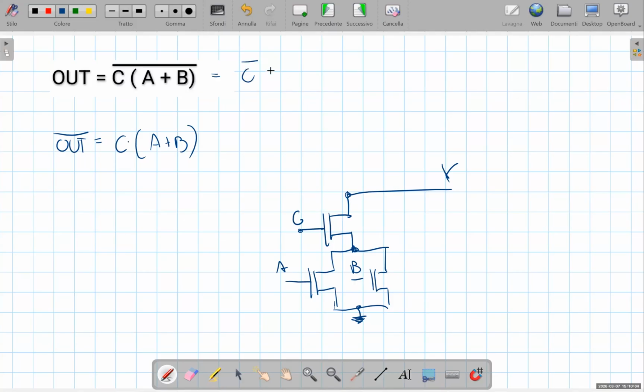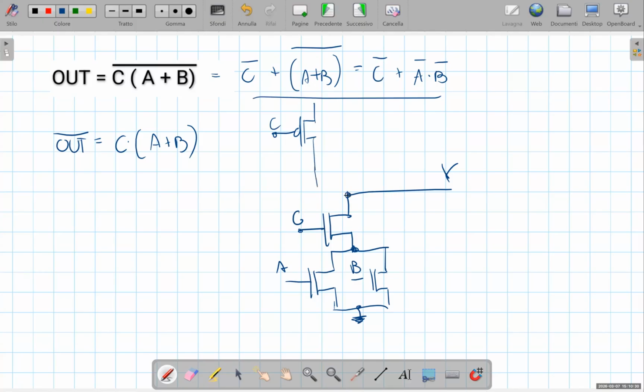We get not C or not A or B, that is, not C or not A and not B. We can read this expression as a PMOS switch driven by C, which is on when not C is true, in parallel to PMOS switches in series, which are on when both not A and not B. So in total, we get a gate which implements the function out, where out is not C and A or B, as requested.